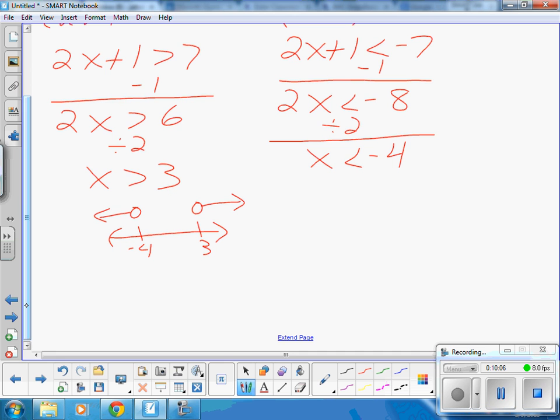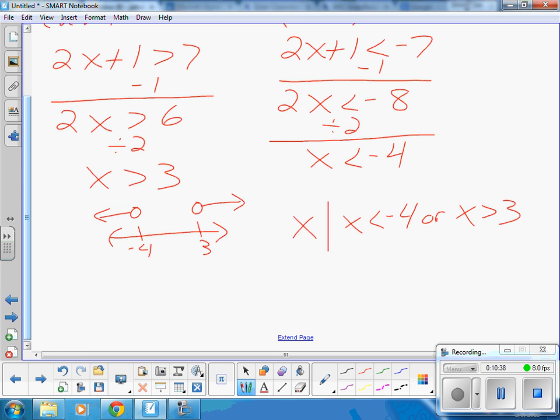So your answer is, for all values x such that x is less than a negative 4 or x is greater than 3. Did I write that right? X is less than a negative 4 or x is greater than 3.